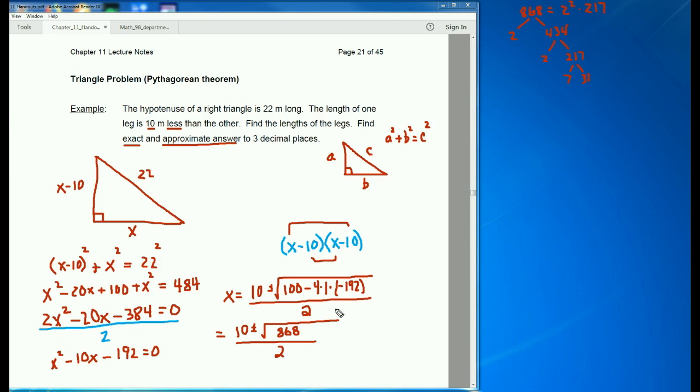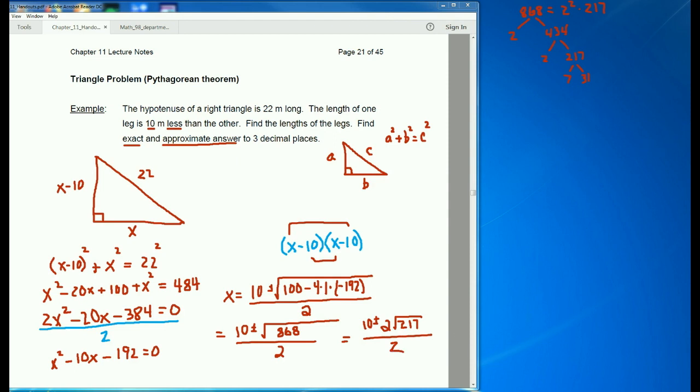Okay. So in other words, back down here, under the radical, I have 2 squared times 217. So I'm going to take that 2 out from underneath. So we're going to have 10 plus or minus 2 times the square root of 217, all divided by 2.